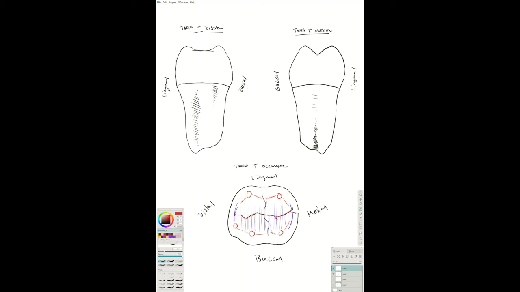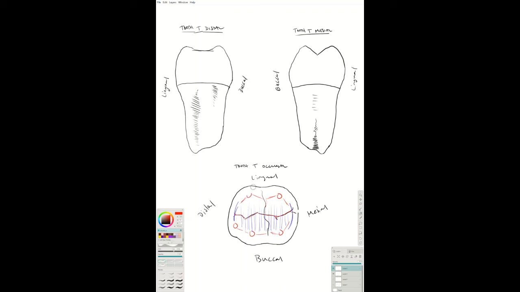And then we have our lateral grooves moving off the central groove. You'll see in some photos that they come up and start to fade away as they move into the lingual and the buccal sides of the tooth.